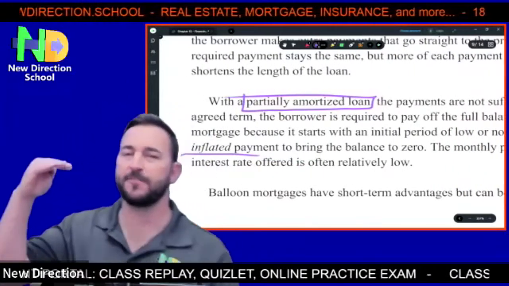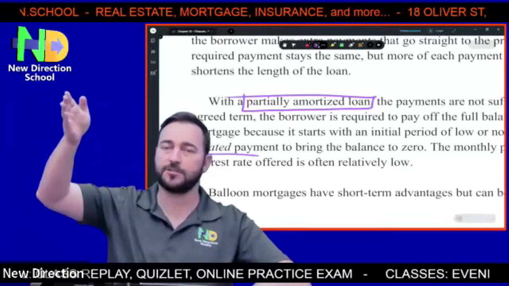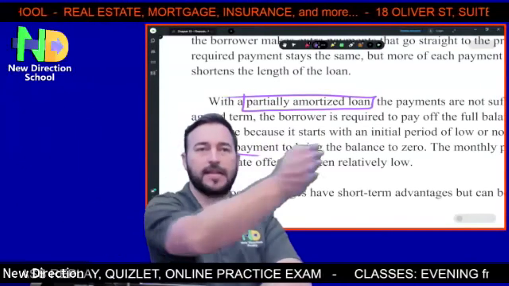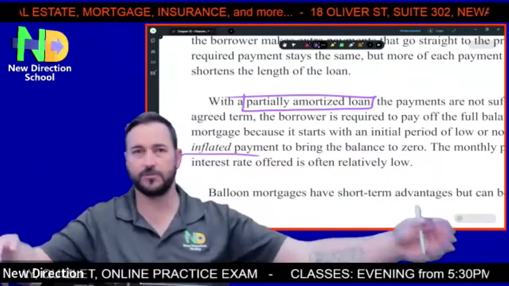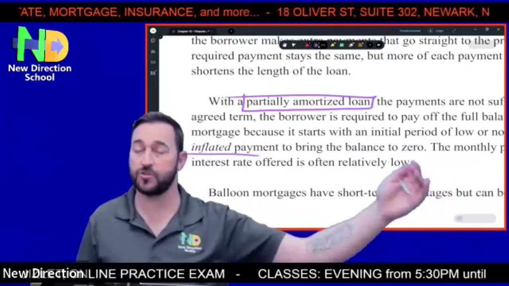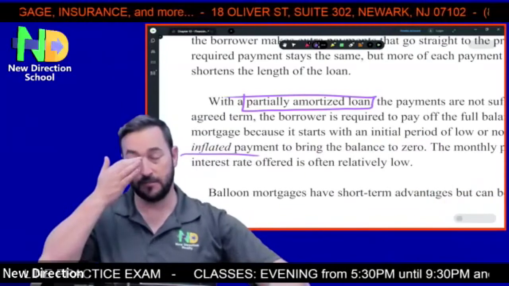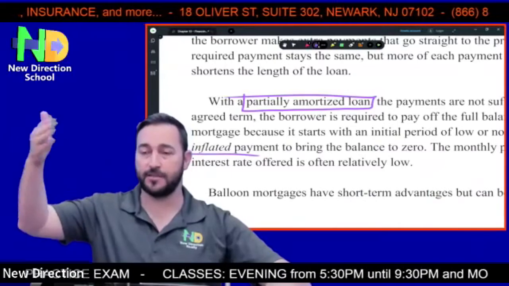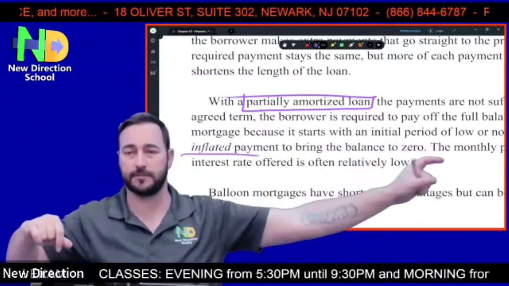So instead of paying $1,500 a month like a fully amortized loan, where it's $1,500 throughout the lifetime of the loan, your first payment equals your last payment. $1,500, $1,500 every single month for 360 months. A balloon payment loan could be $1,000 instead of $1,500, and that $500 difference is accumulating towards the end.